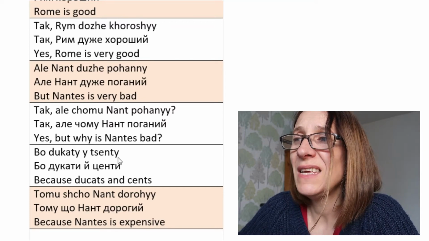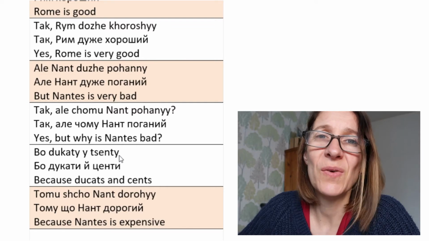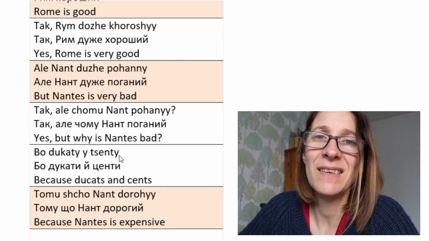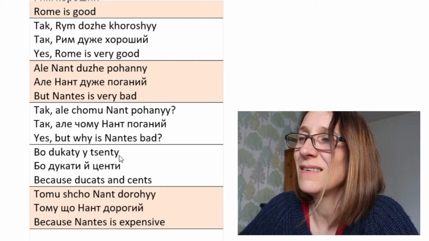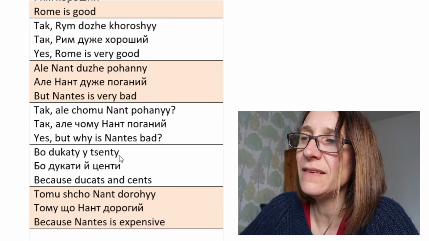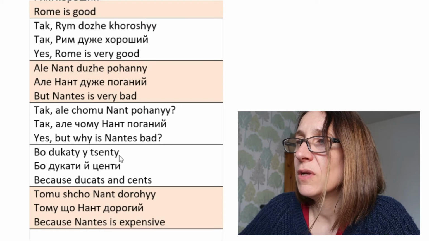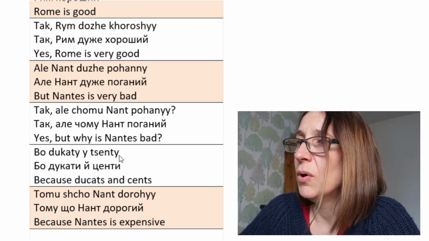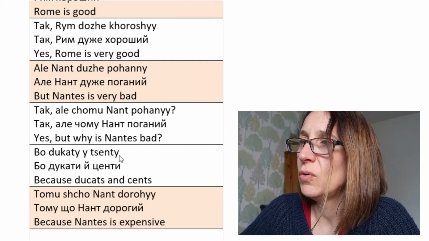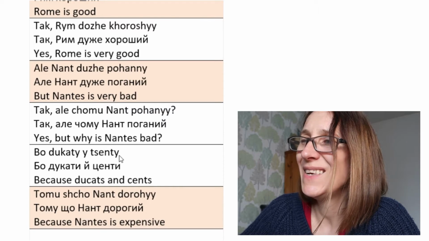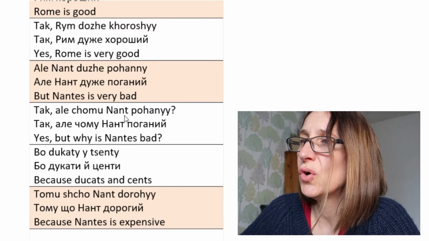Bo ducati I centi. So, because of ducati and centi, ducats, the gold coins, and centi, cents. Tomu, so that must be another word for because. So we had bo, and now we have tomu. Tomu, sho, nant, dorohi.